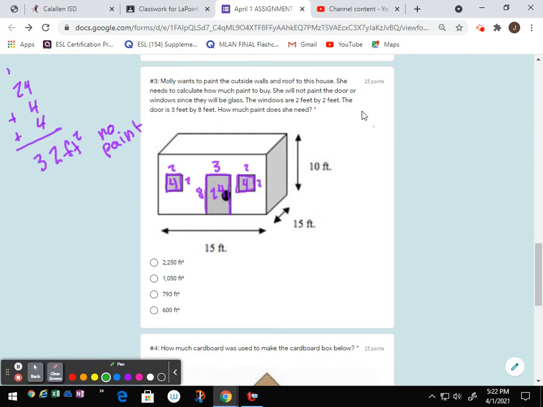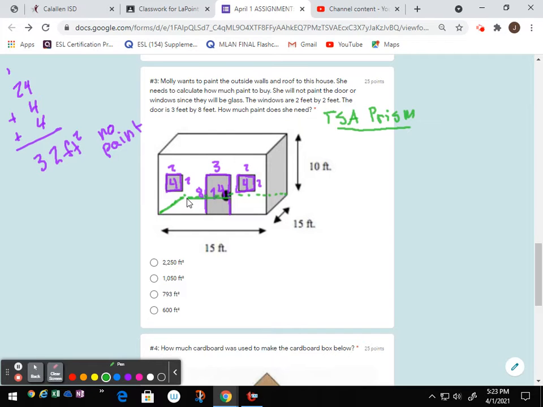So let's go ahead and find the rectangular prism now. We're going to find the total surface area of this prism. Now, we are not painting the floor, okay? We can't paint the floor of this house, or the underneath of the house. So we're not painting this bottom base.